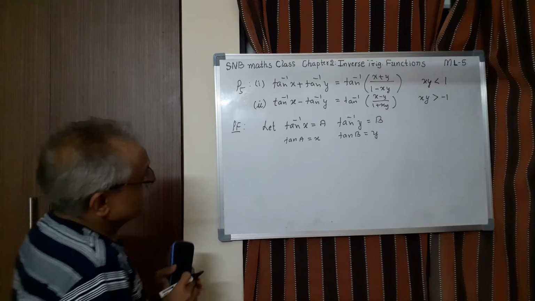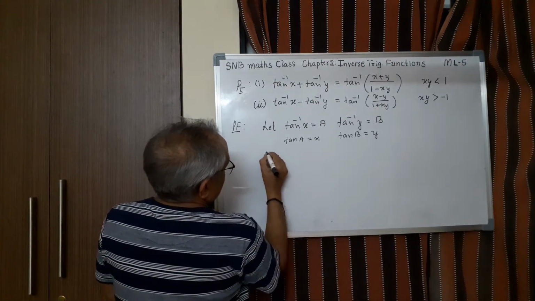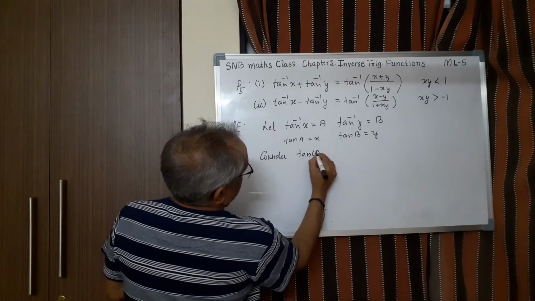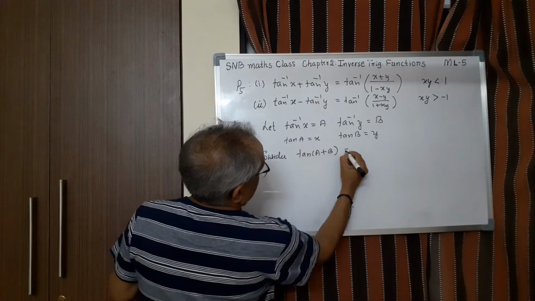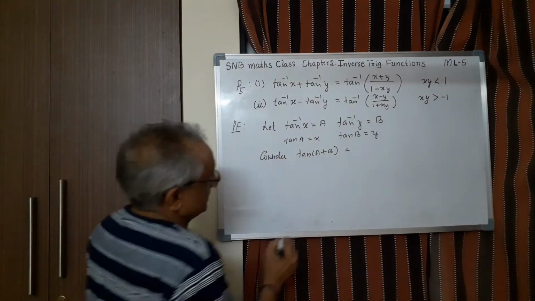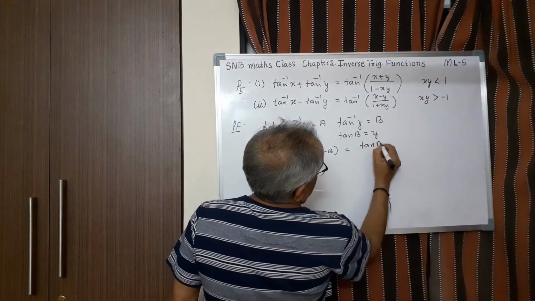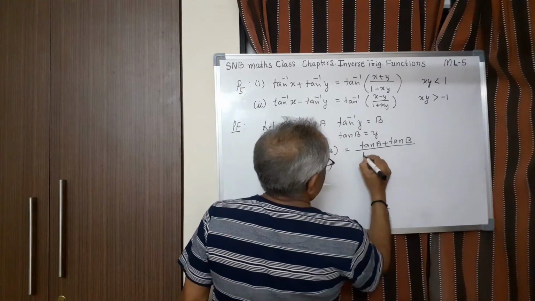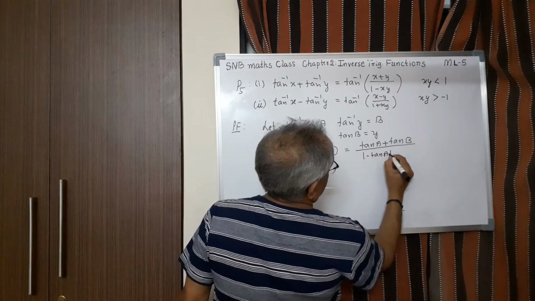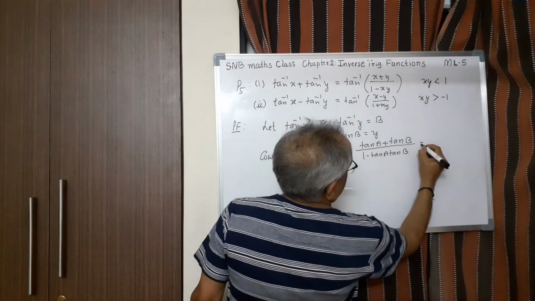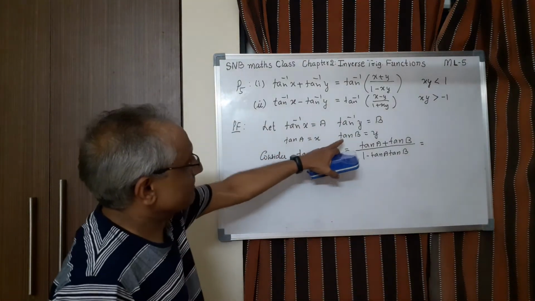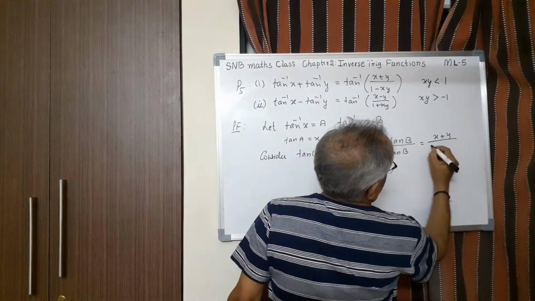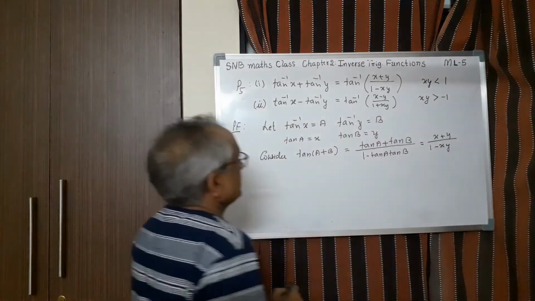Now what we have to do is take the formula, because this we know already, the tan of a plus b formula. So what is tan a plus b? Tan a plus tan b upon 1 minus tan a tan b. Now substitute. Tan a is x, tan b is y, therefore it is x plus y divided by 1 minus xy.